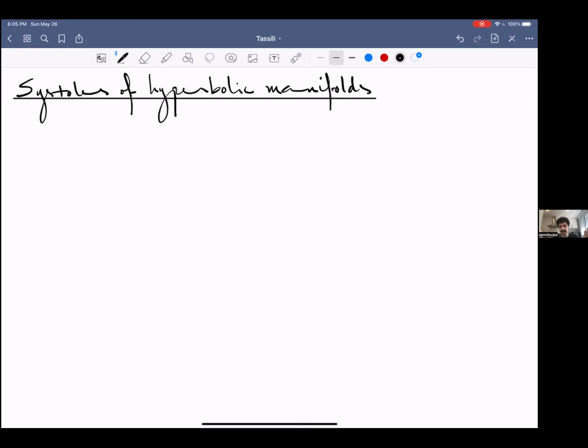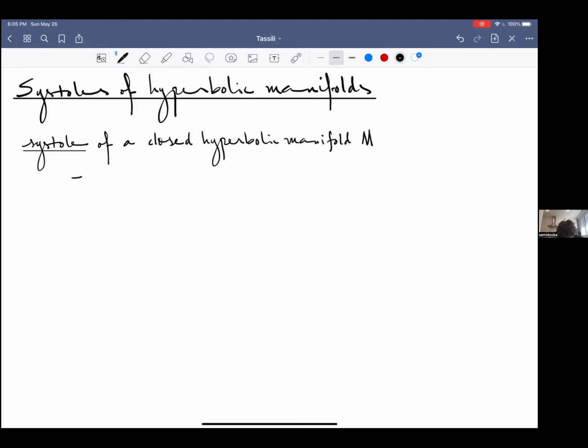So first of all, I should define the objects in the title. The systole of a closed hyperbolic manifold M. By that I mean a closed manifold of constant sectional curvature equal to -1.